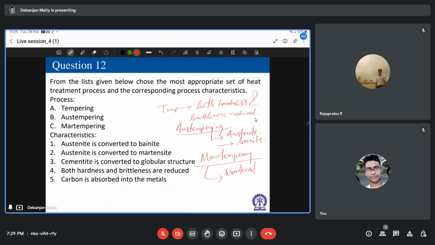Anyhow, you know the difference between a martempered structure and just a direct quenched structure now. Of course, the structural transformation will be in the martensitic range. That will not change.